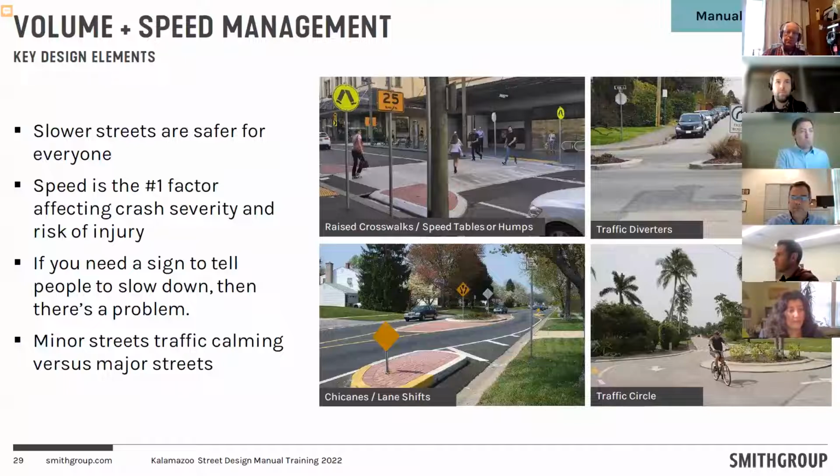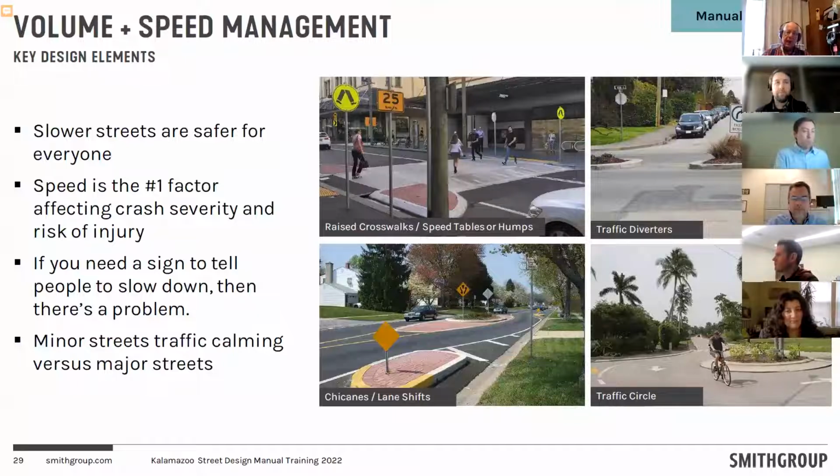So I think if you need to put a sign somewhere, the first thing you need to look at is: is there a bigger problem with the overall design of this facility, and what can I do to change it?